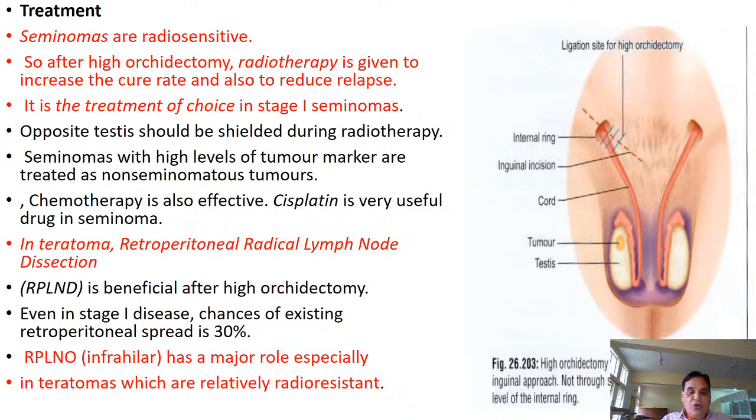So RPLND has a major role in case of teratoma. This book picture shows where exactly you are going to ligate the cord or the vas in the high orchidectomy. In the cord you have three figures shown. This is the inguinal incision where you are ligating or clamping the cord at or near the internal ring.